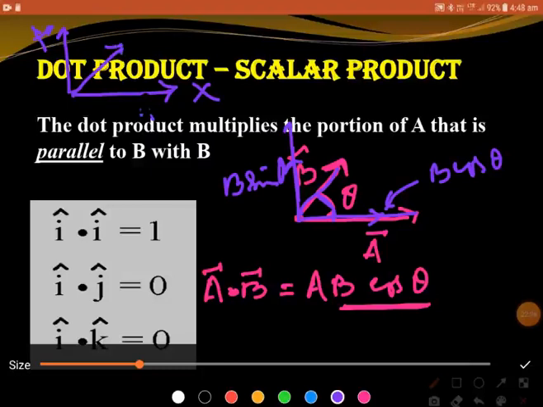And this given vector, suppose b vector, has an angle theta here with the x-axis. Now if you drop a perpendicular from this vector, up to here, then this portion will be the component of this b vector along the x-axis.